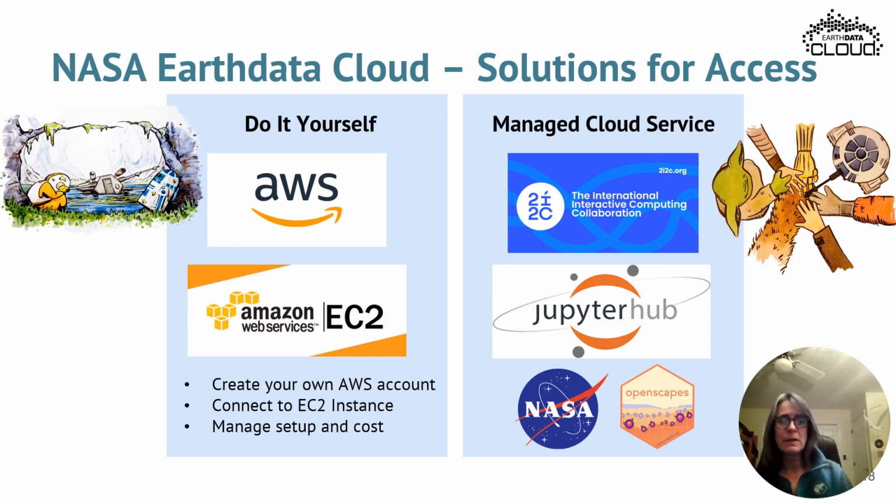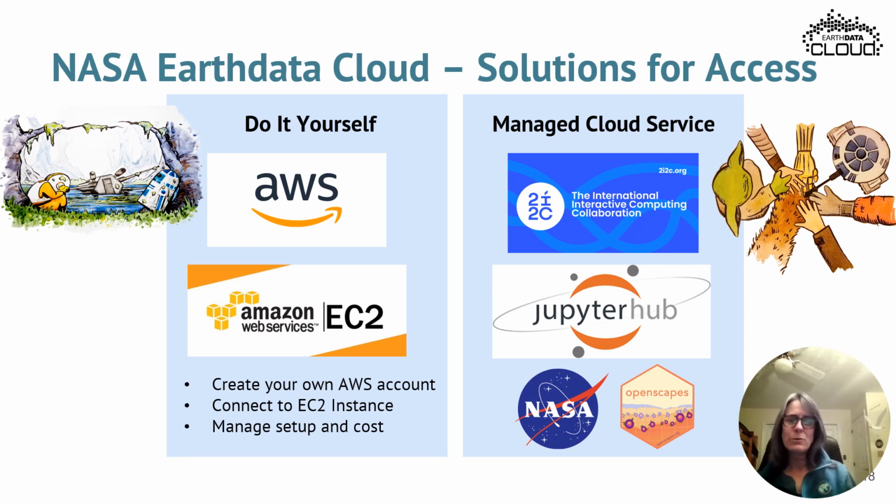So, start a virtual machine. If you want to use Python, start that Python environment and start managing the libraries and modules that you want to use. Another way to do this, and what the OpenScapes community provides, is a managed cloud service. This is a way to give you a gentle introduction into the cloud.